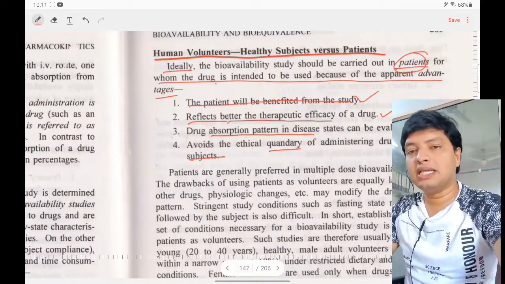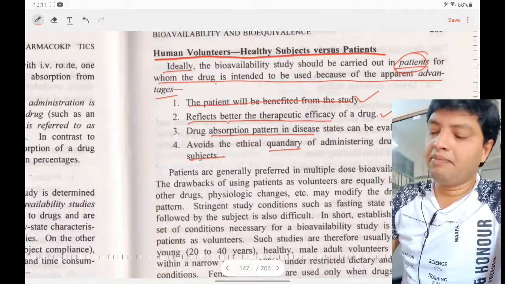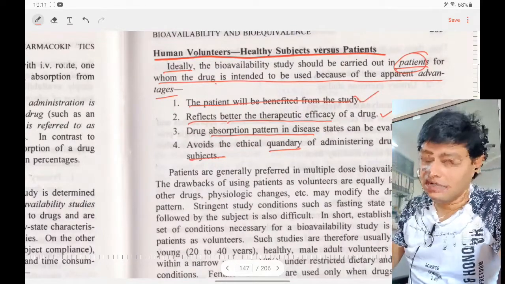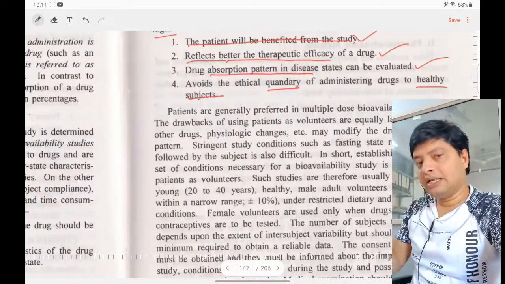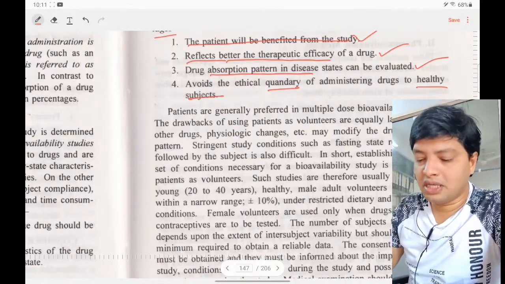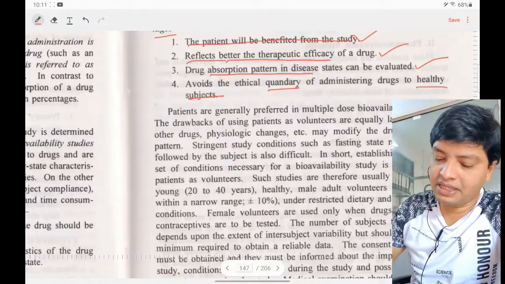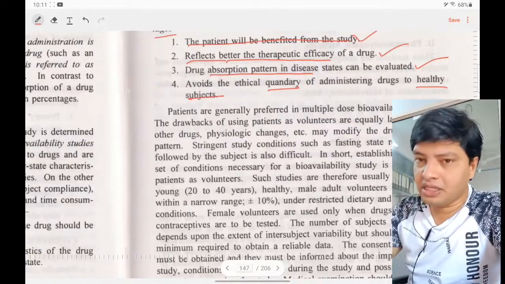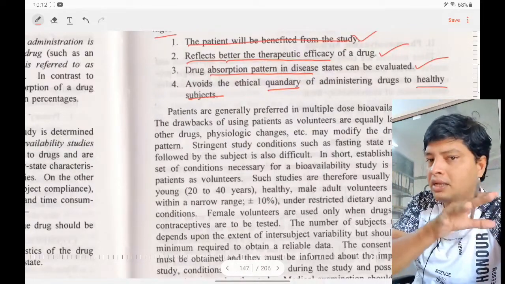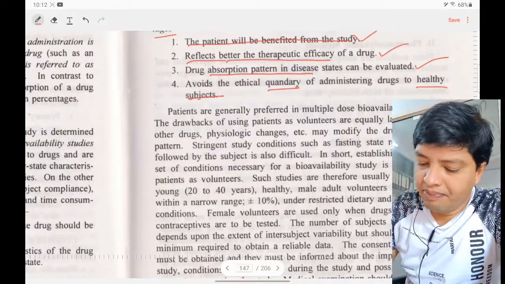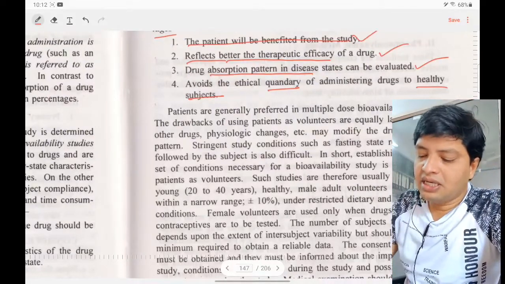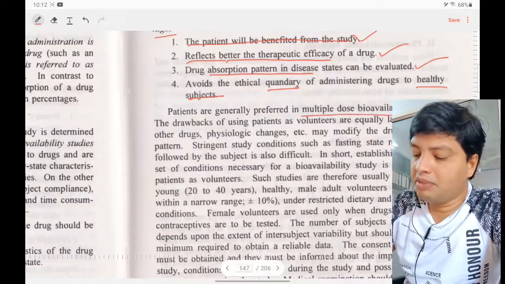So take patients rather than healthy persons. Now second, patients are generally preferred in multiple dose bioavailability studies.